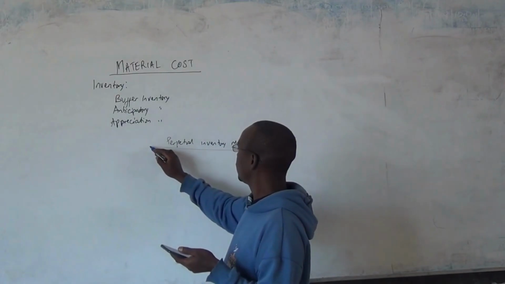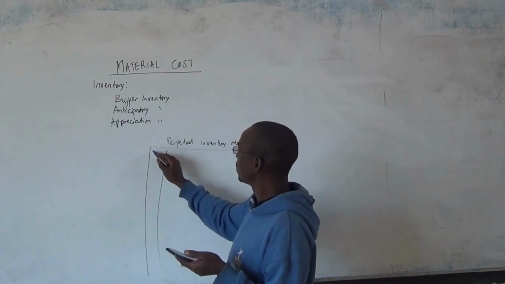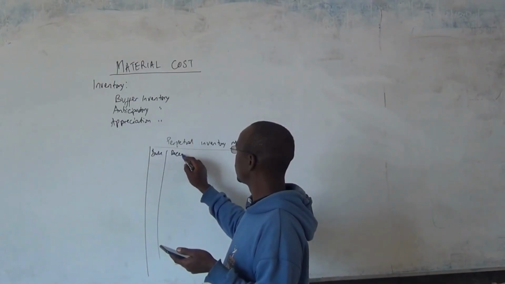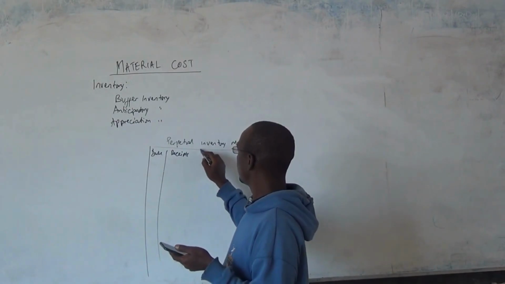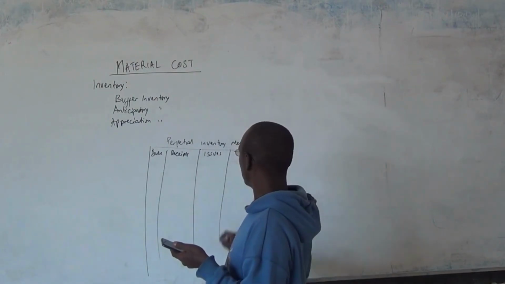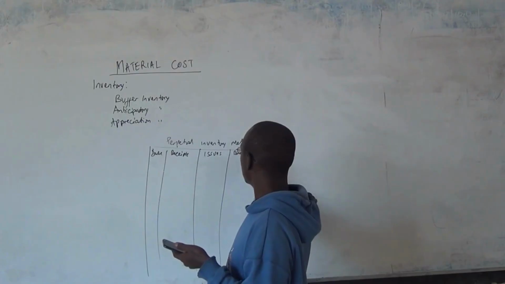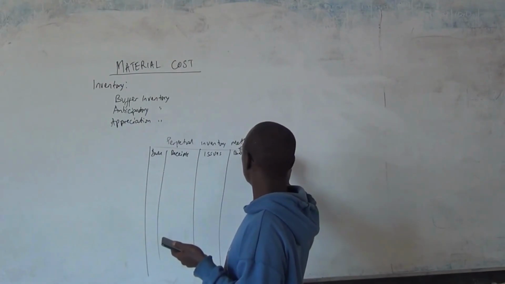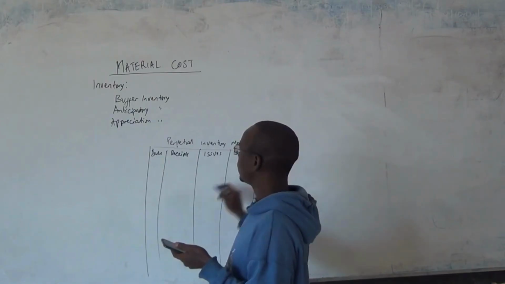That is, you have a date, you have receipts, you have what? Issues, then balance, then you can also have remarks. Okay?